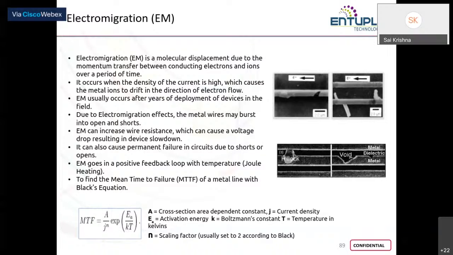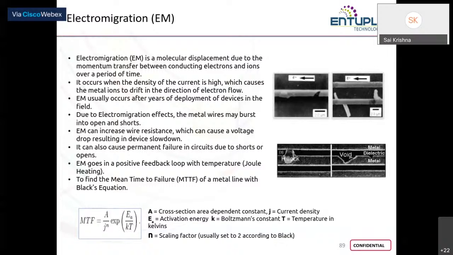Now the next one is electromigration. So to explain it simple, your electromigration is a phenomenon where, when a metal in a metal layer is conducting current, there'll be some ion displacement, right? There'll be charge and ion displacement.